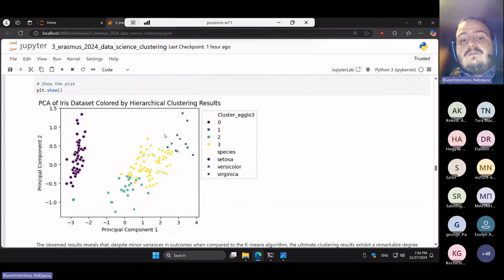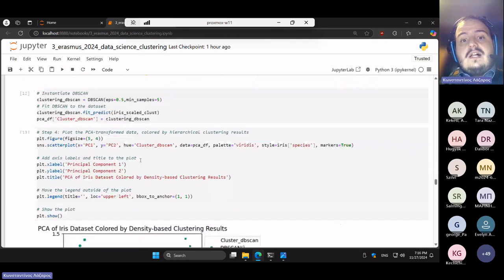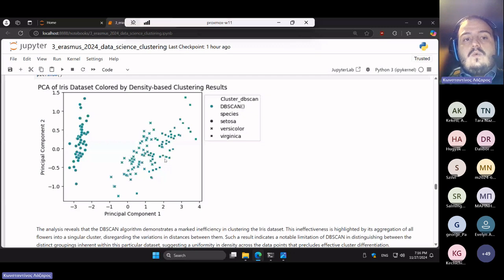The same concept pretty much applies for agglomerative clustering, because although we have points that are differentiated here, we have a lot of overlaps in this particular part of our samples. And the worst algorithm was DBSCAN, and you can understand why. It put every single one of our data points into the same cluster.